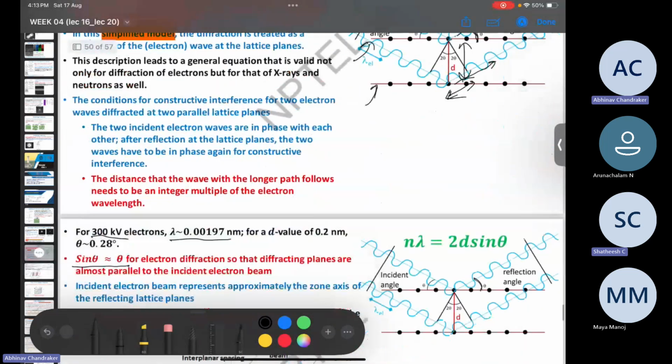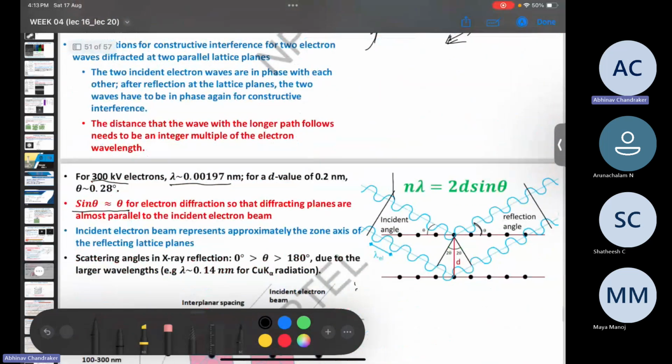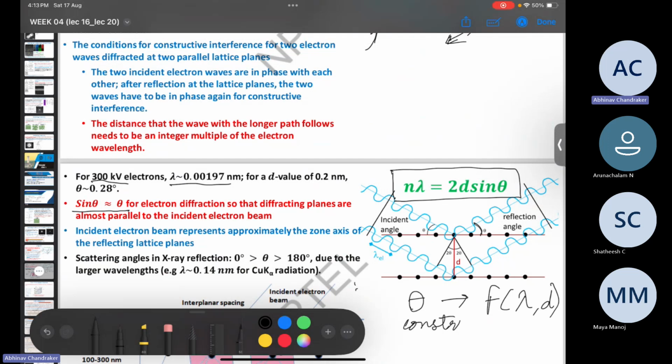And by using this formula n lambda equals 2d sin theta, we can tell at what theta values, for a particular value of lambda and d, we'll get constructive interference.